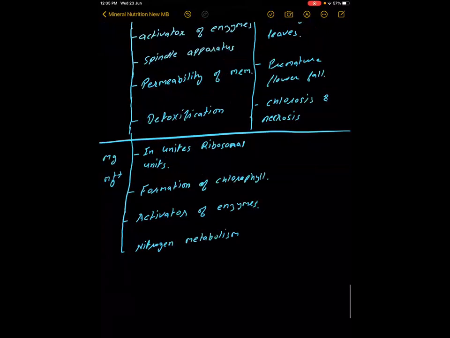After nitrogen fixation, nitrogen is metabolized in the body, so it is important here. So these are some points.